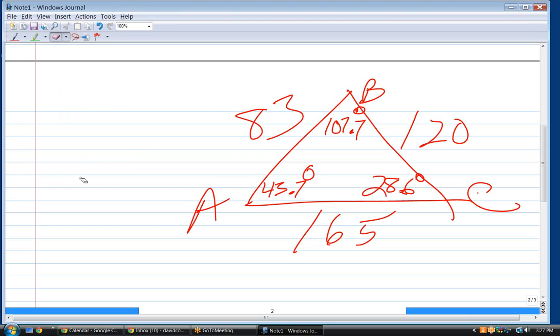Yeah. And you started with angle C, but in reality you can start with any of the 3 sides and 3 angles. Whenever you have just 3 sides of a triangle, you can choose any angle you want to start. Yeah.